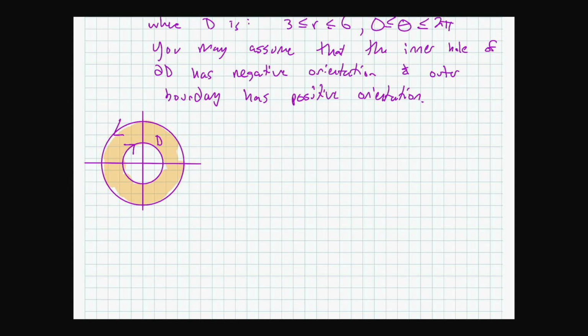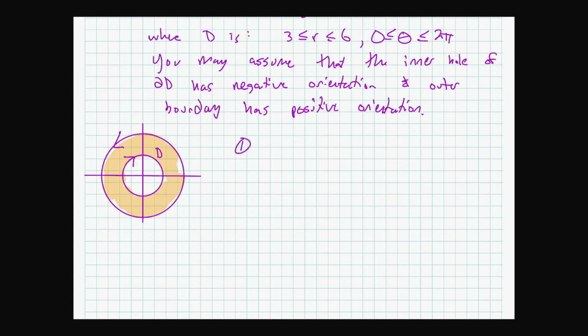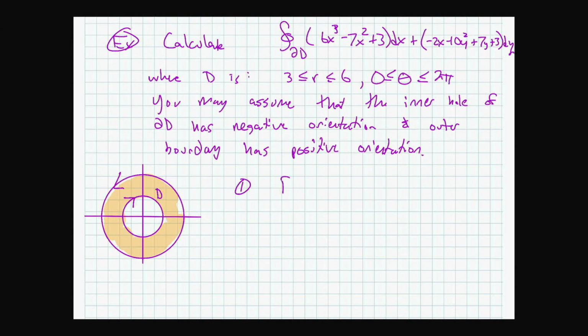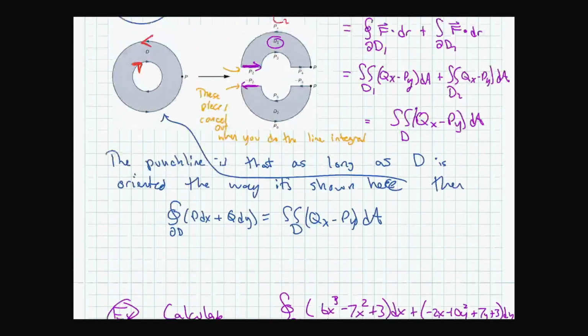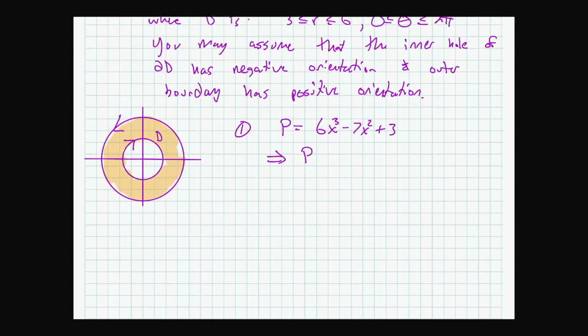Okay, so we know already how to do this. This is going to be pretty easy, right? So I'm not going to do everything in as much detail. We have P 6x cubed minus 7x squared plus 3. So P sub what? Well, formula's up here. We're going to need Py because this is not flux, right?